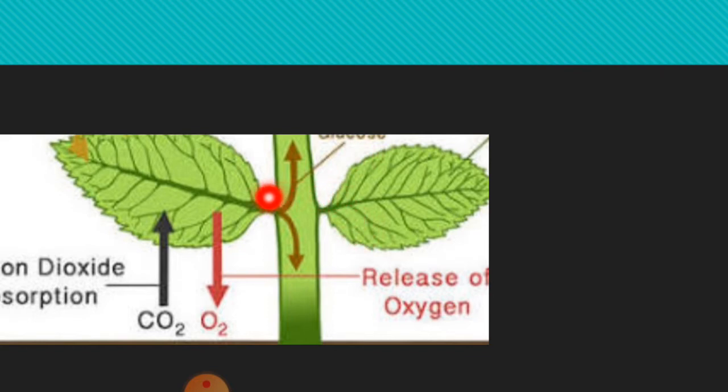They take carbon dioxide for the preparation of food through the stomata, and release oxygen outside. So exchange of gases takes place through the leaf. It is also a main and important function of the leaves.